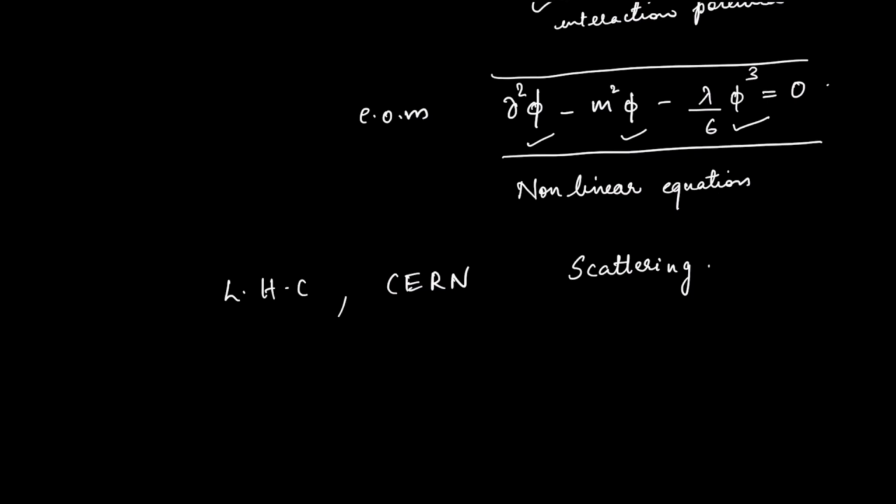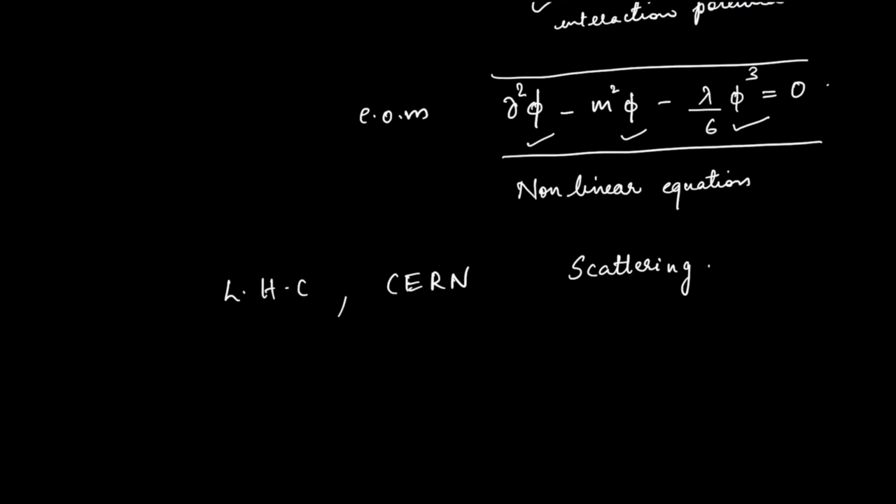From here the interactions can be deduced, and it has always been very successful. In condensed matter also you have neutron scattering and X-ray scattering, right? You shine X-rays on your sample and you get X-ray diffraction, etc.